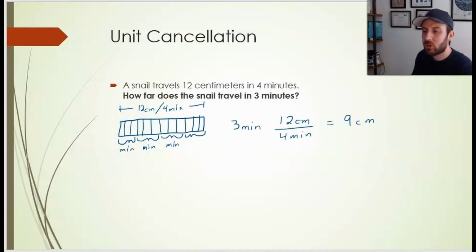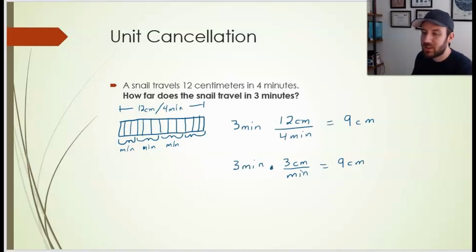So maybe we should try to rewrite our ratio in a way like we did for the last example. We'll write this as 3 centimeters per minute, and recognize that those 3's turn into a 9 probably through multiplication.